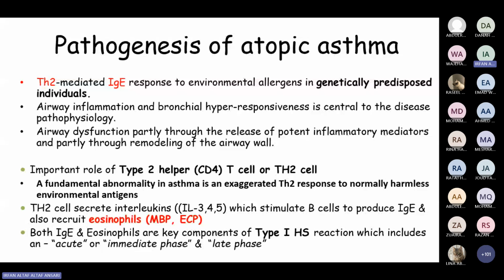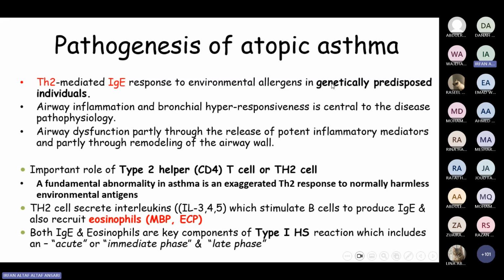When this remains for a long period of time, it leads to remodeling of the airway wall. The normal histology of the bronchi becomes remodeled, with a high amount of smooth muscle cells and inflammation, so the lumen becomes narrower.